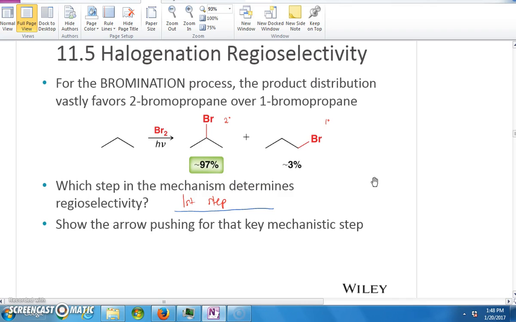That is a step that involves the formation of the radical. And you can see this will have gone through a secondary radical, which is more stable than a primary radical, which is less stable. And so that first step is really crucial in determining the outcome of the reaction. We'll continue from the next slide.